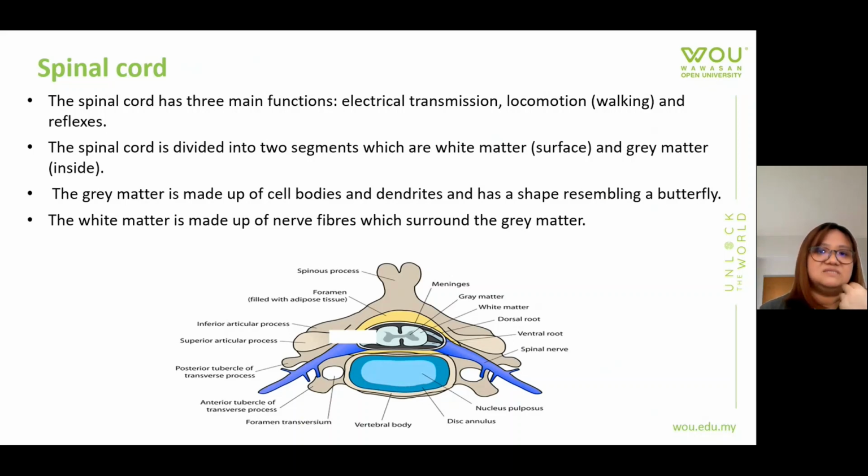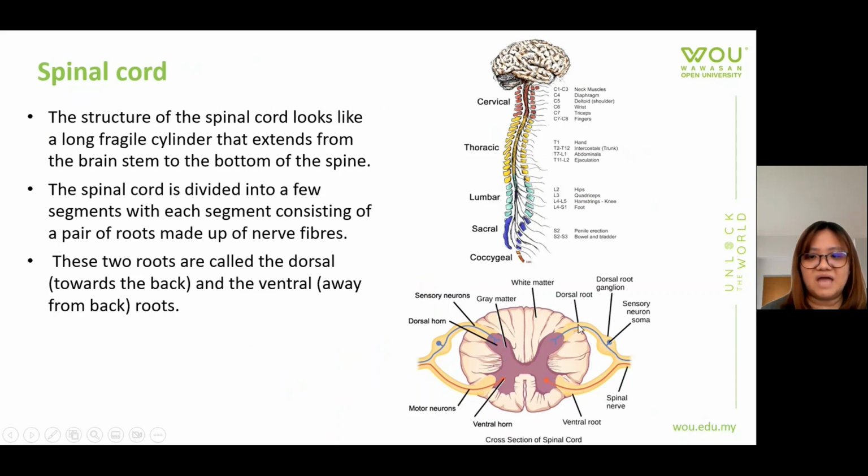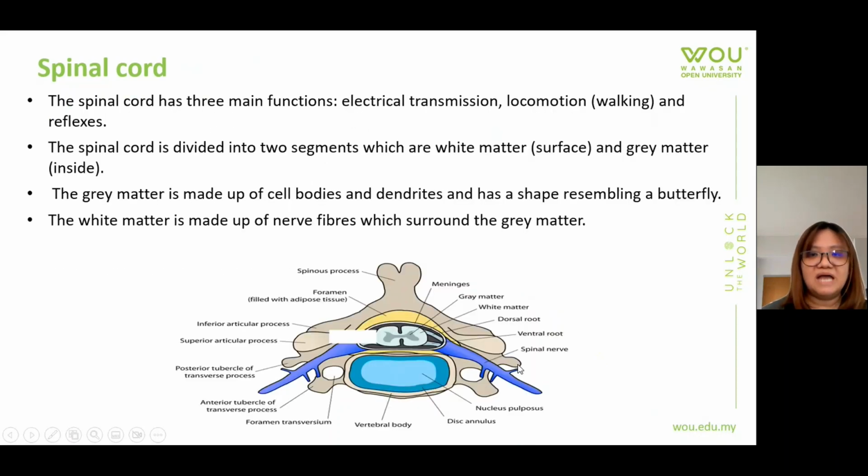The gray matter is made up of cell bodies and dendrites, and has a shape resembling a butterfly. You can see that is a small little butterfly. Let us go to the previous slide. It's the purple one, you can see it's a butterfly shape. So it refers to the gray matter.